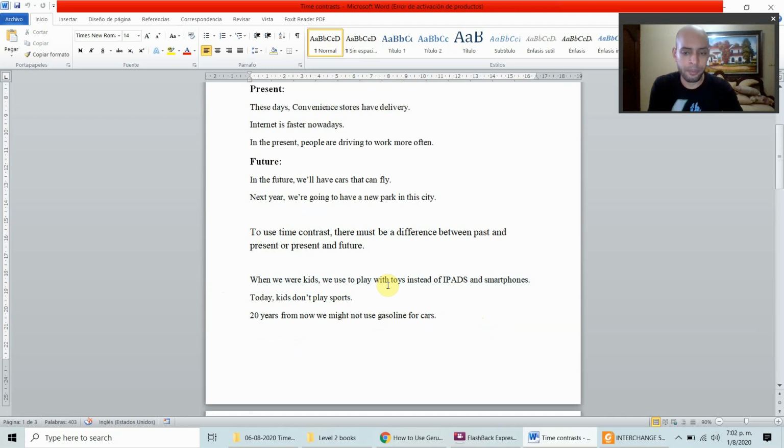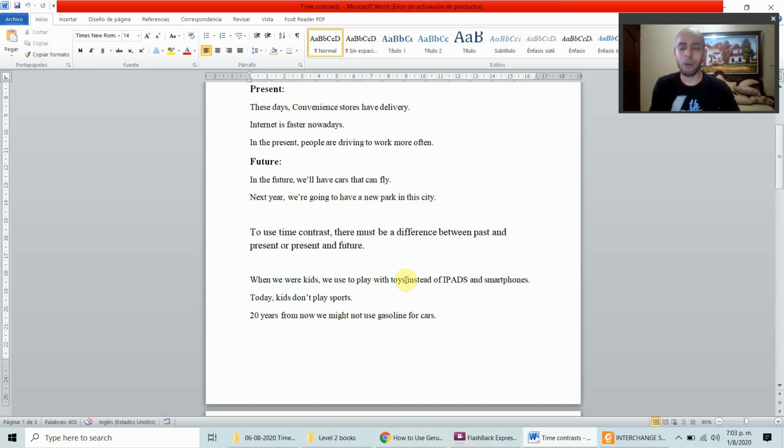So let's see other examples. When we were kids, we used to play with toys instead of iPads and smartphones. So what is the difference? When we were kids, that means 20 years ago, something like that. Yes, I'm a little bit old. When we were kids, we used to play with toys. Back then, we played with toys.